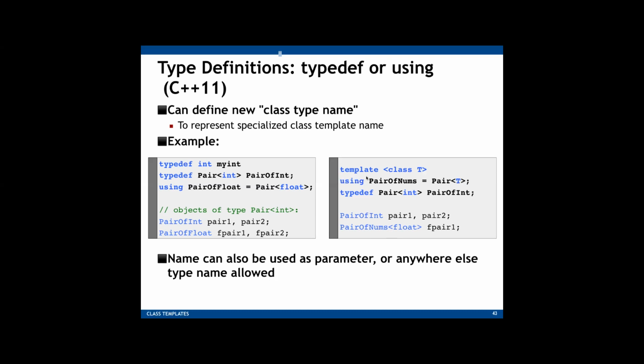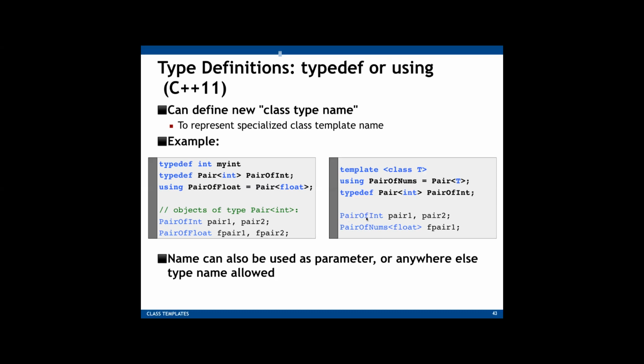So with the using keyword, we can use a template. But for the typedef keyword, you cannot use a template. So you cannot use a type parameter T like the using keyword example here. So you have to specify the exact type here. So this pair of int is a new name for this type.